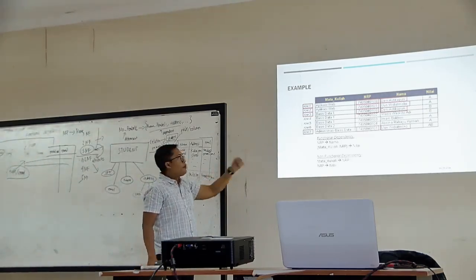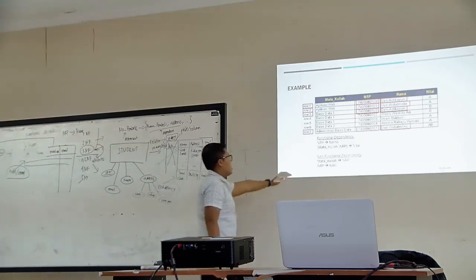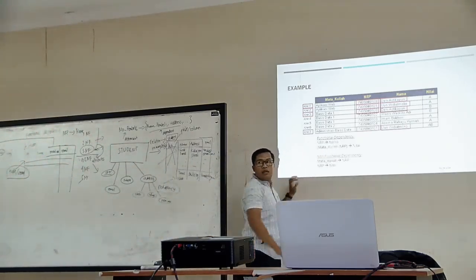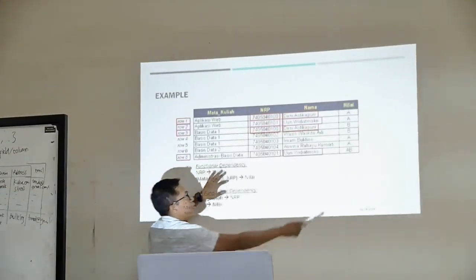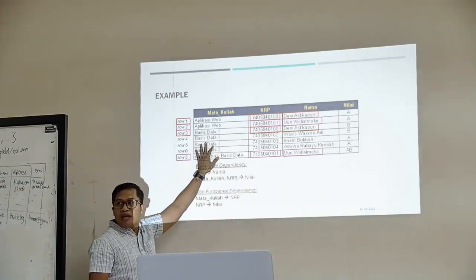So we need to break the table like this. NRP will determine nama, but we need to find the grades and mata kuliah.